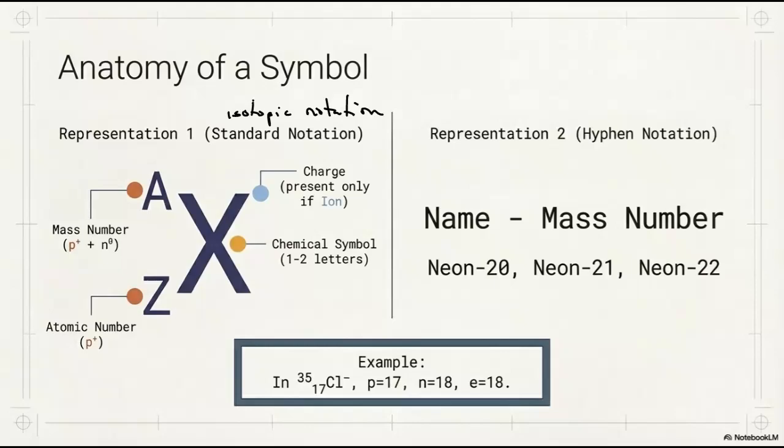So that's one way you can get that information. The other way is by writing the name of the element followed by the mass number. And I said atomic mass in there, it should be mass number. I'm sorry. I'm glad I caught that. Mass number is the rounded atomic mass.